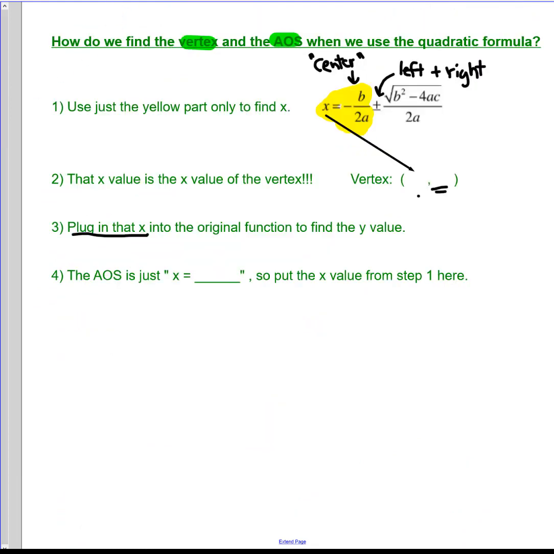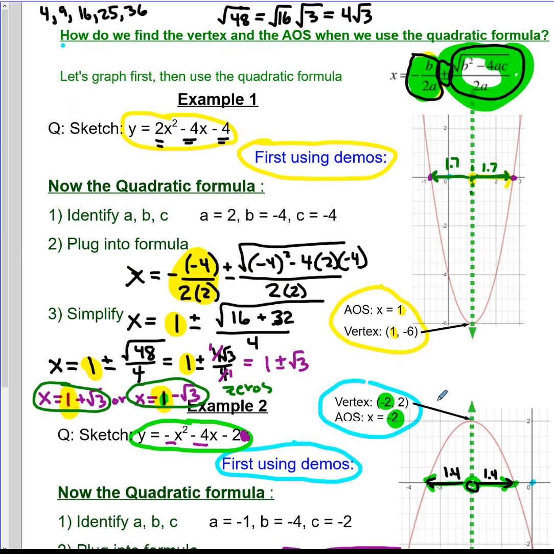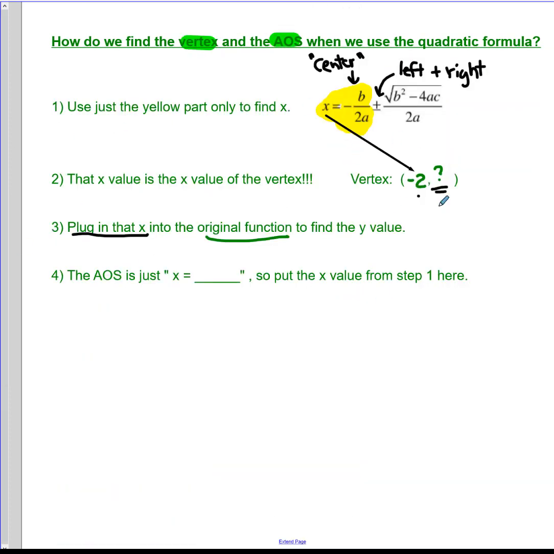So in that problem we would plug -2 back into the original function and find the y value. I don't know what it is off the top of my head, but if I look back here, I know it's 2. But you'd plug it in for any problem, and then you put that x value, not the y, there too. So it's actually pretty easy. It's just this yellow, and now you know why it works that way.